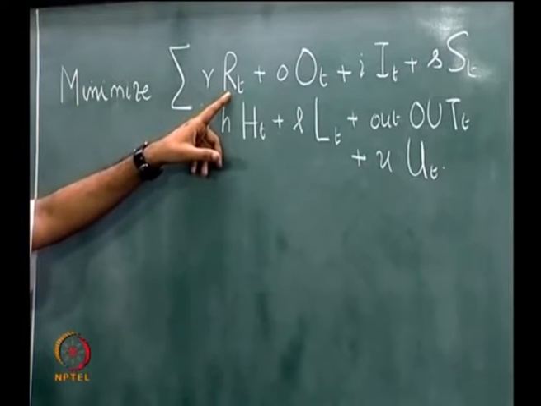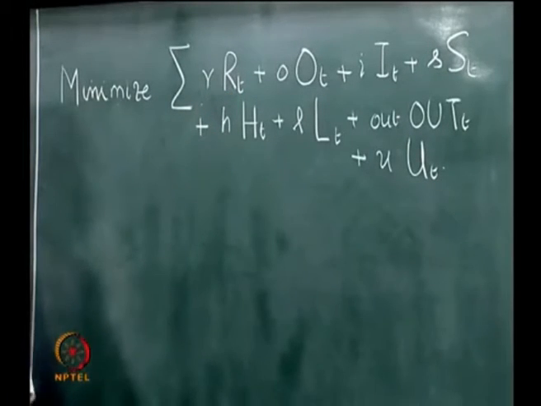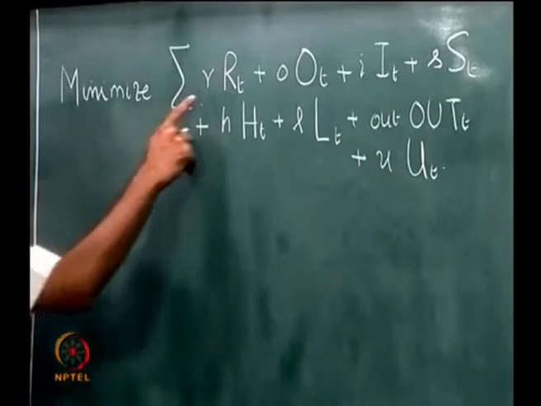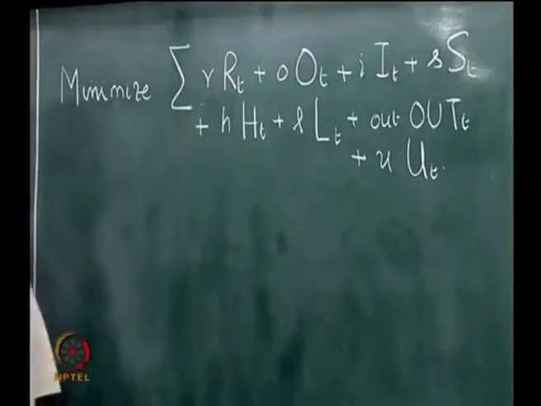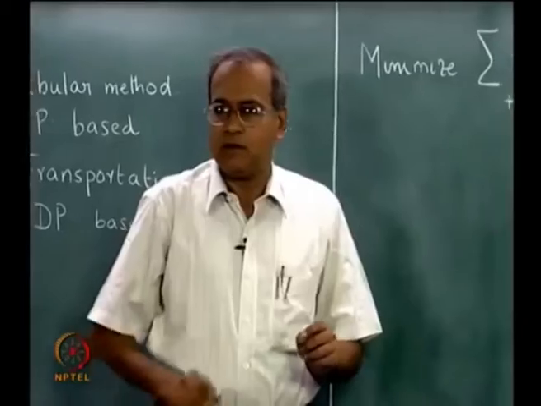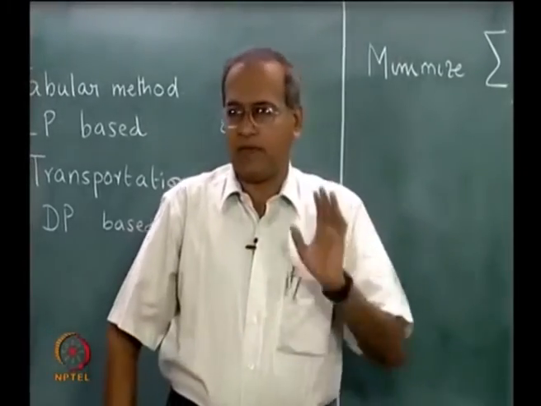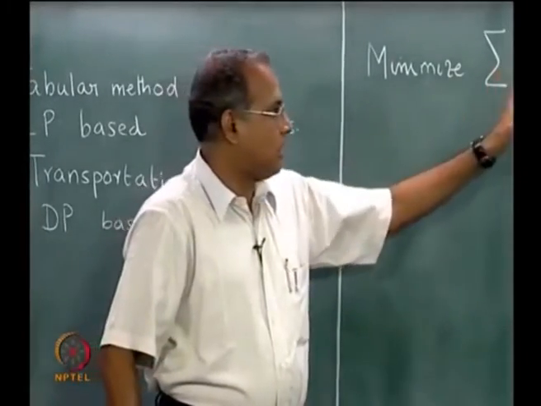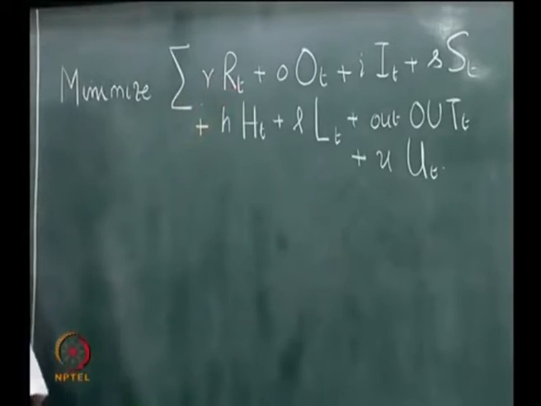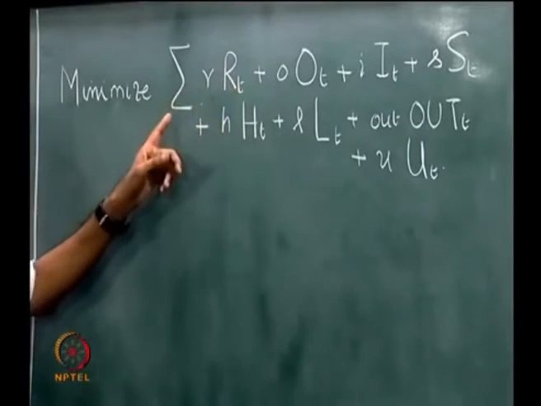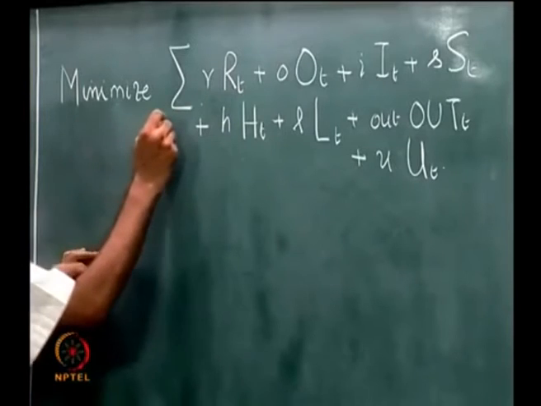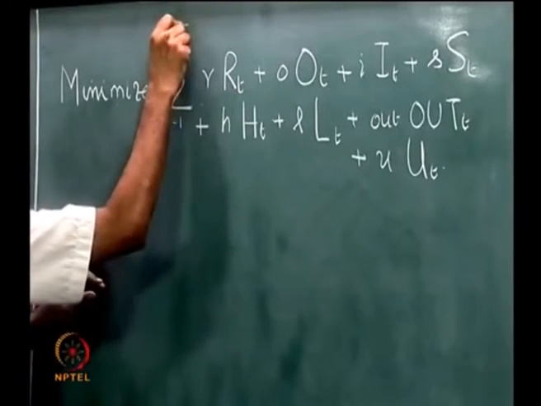So if capital RT is the number of regular time man hours used and small r is the cost per man hour per period, then the total cost of regular time is equal to r into RT summation over t equal to 1 to T for all periods.